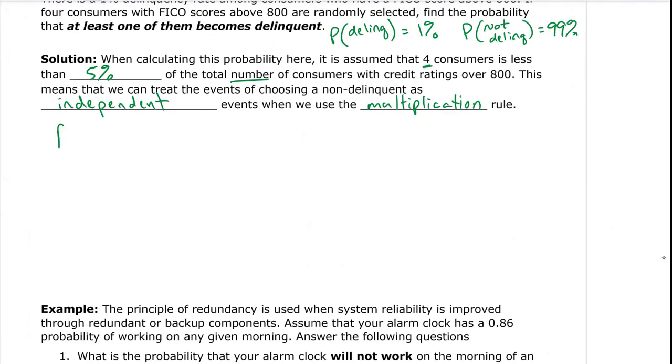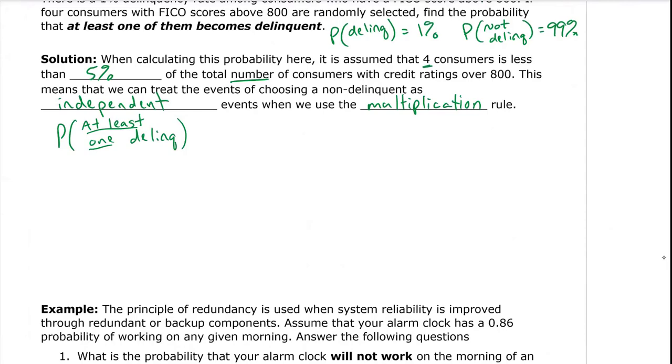So we want the probability of at least one of your 4 being delinquent. And this is the way you want to go about solving that. There's a lot of ways that one delinquent can happen in 4 people. It can be the first person you choose.